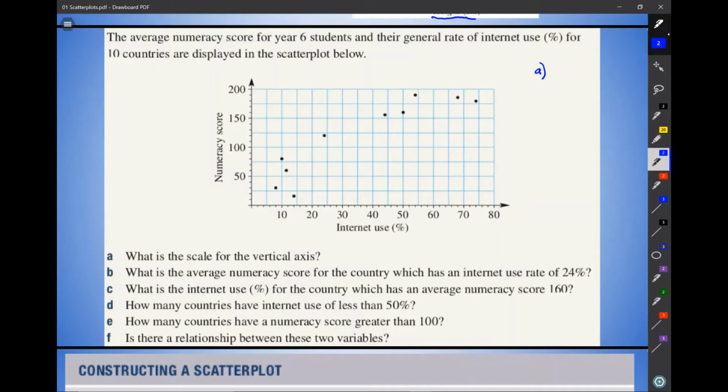This is the numeracy score for Year 6 students, taking something like a NAPLAN, I suppose. And it seems that each of these blue lines is 25. I think that's what the question is asking. This question is honestly kind of confusing and not that useful.